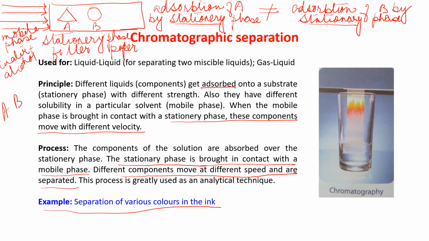In the next slide, you can see that. We are taking the mobile phase as water and alcohol. Now allow to pass this mobile phase through this stationary phase. So it will go from here, the mobile phase. Now the mobile phase will absorb the components A and B from the filter paper.